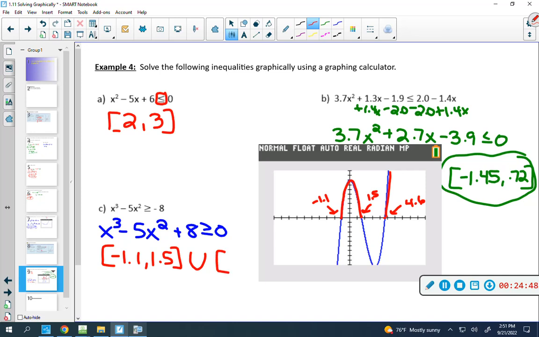Now keep in mind, your graph goes on forever. So we're from 4.6 going on forever out to infinity. So you have to look super close at your symbols. Greater than, you're looking where it's above. Less than, I would be looking at the portion below. So just look at your symbol closely, okay?